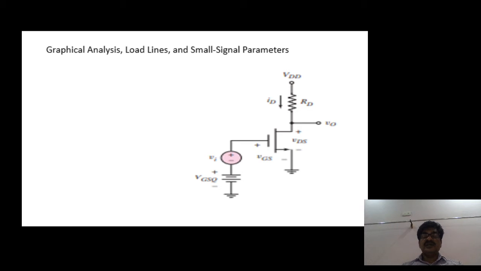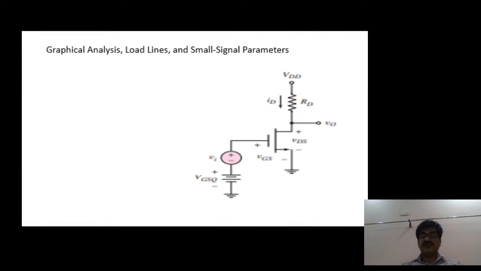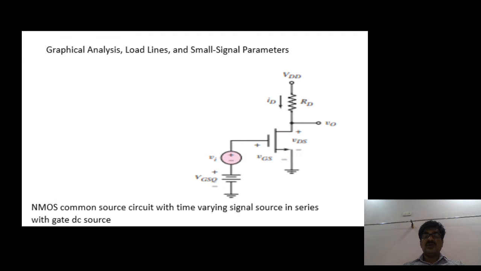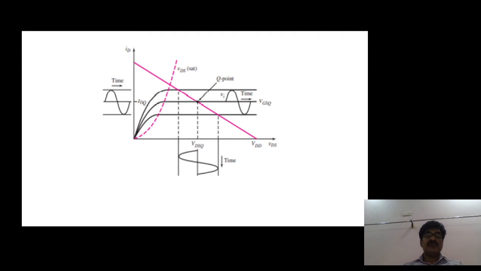Let us see first of all the graphical analysis with reference to this diagram. In graphical analysis, what you can study is, on the output characteristics of this CS amplifier, plotting the load line and locating the operating point.